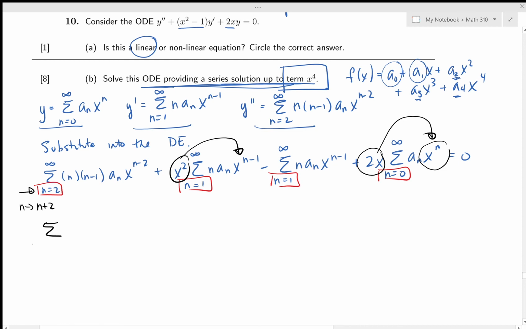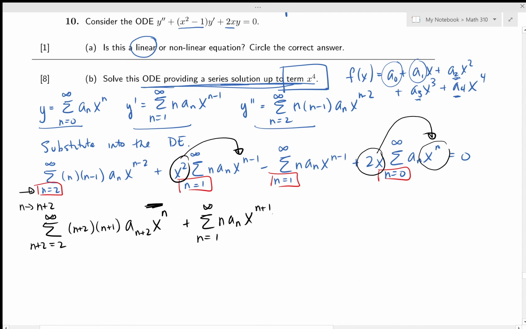So here n plus 2 equals 2 to infinity, and I'm changing n to n plus 2. So this is n plus 2, this is n plus 1, this is a to the n plus 2, and this is x to the n. And then here, the sum equals n equals 1 to infinity, n a to the n x to the n plus 1.